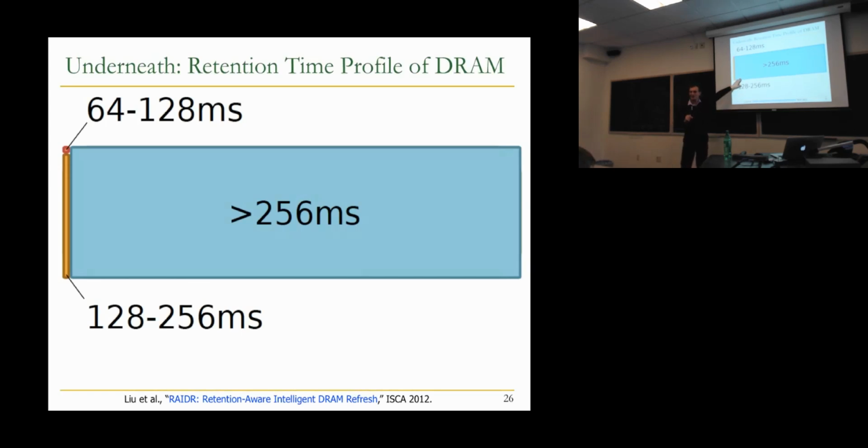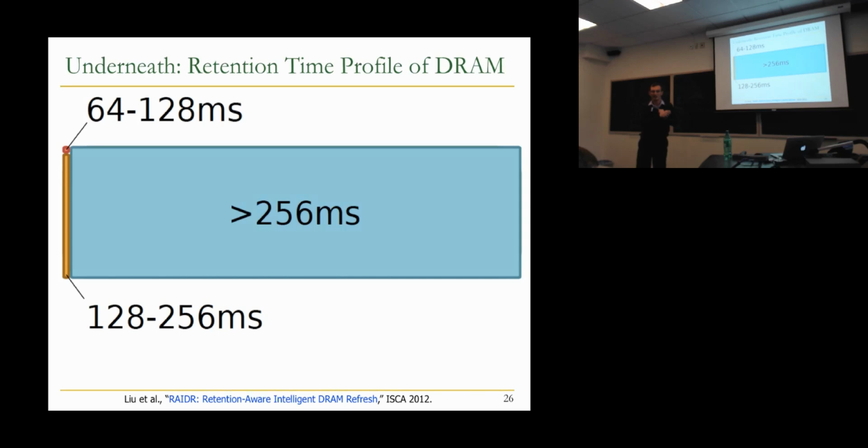And if you knew this, you could say, why are we refreshing everything every 64 milliseconds, right? It makes no sense. Perhaps you could do something about these rows, and refresh only these rows every 64 milliseconds, if you knew them, and everything else every 256 milliseconds.